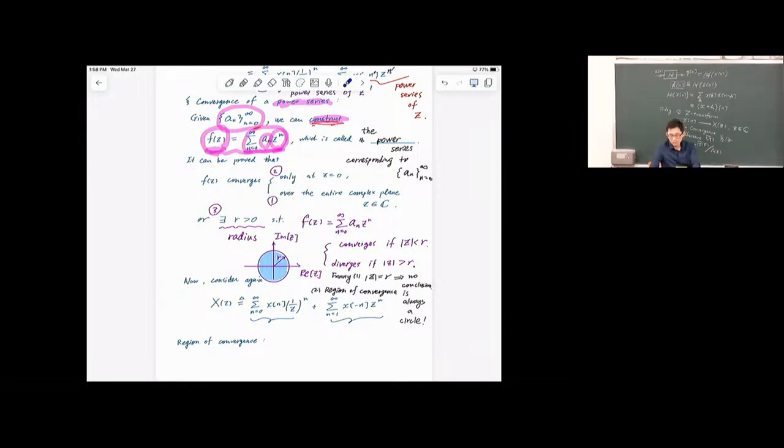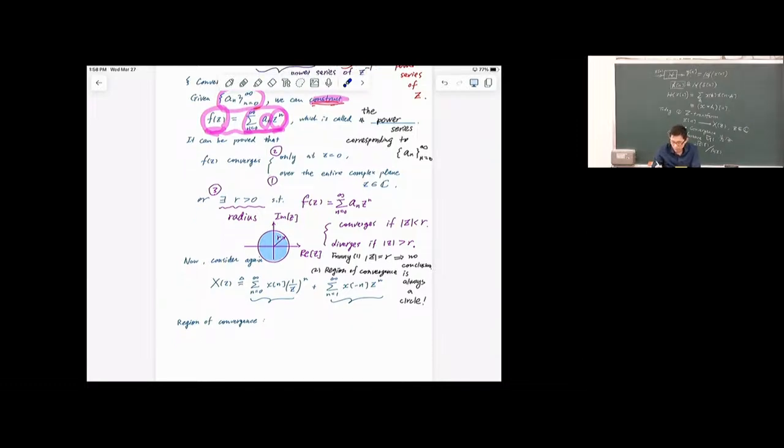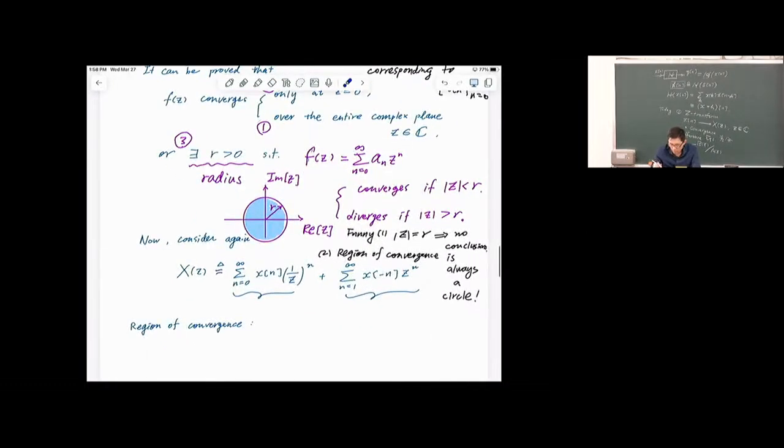Now let's go back to our construction of X(z). So now we have an expression. Consider again that X(z) for our signal can be written as a summation of two parts.